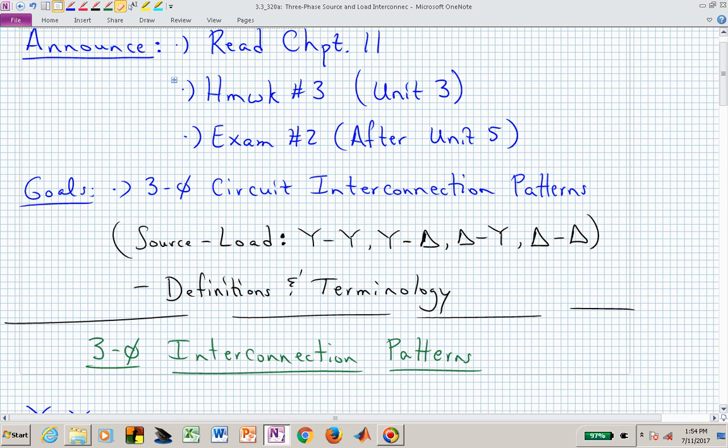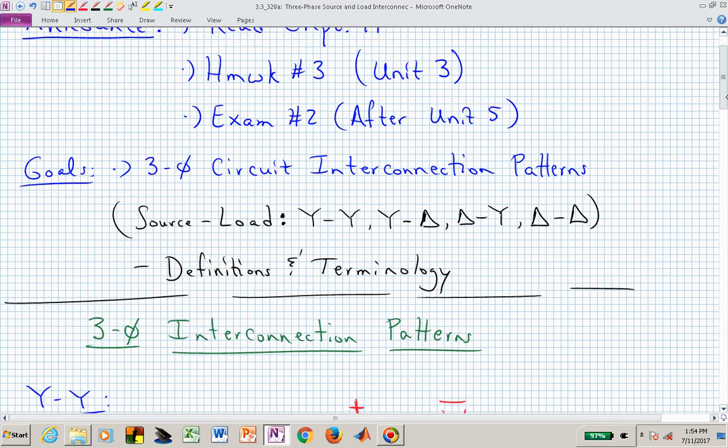What we want to do now is simply show those 4 different interconnection patterns, the YY, the Y delta, the delta Y, and the delta delta, and start to become a little bit more comfortable with some of the definitions and terminology that will be used in the remainder part of this unit.